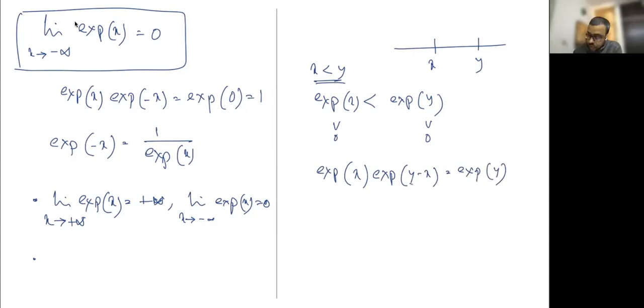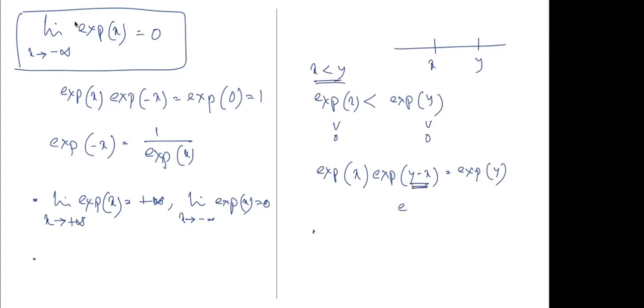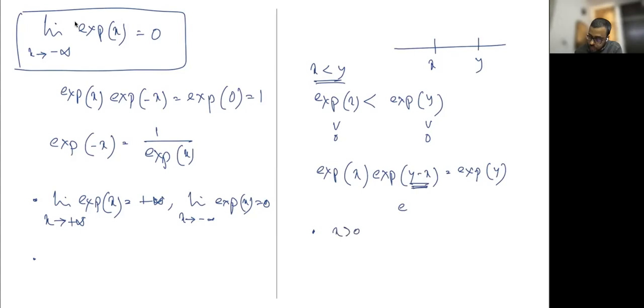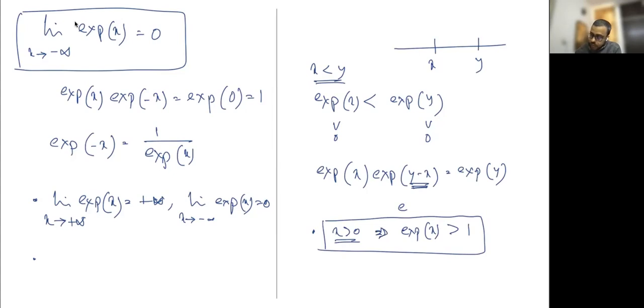I think what you are using is the following. If x is positive, exponential x is greater than 1. That is another observation we can add to our list, and it is relatively easy to see.